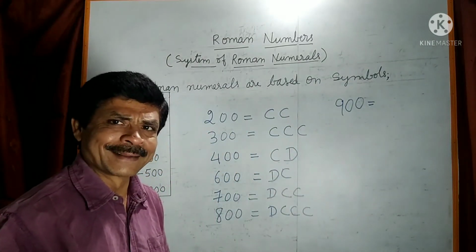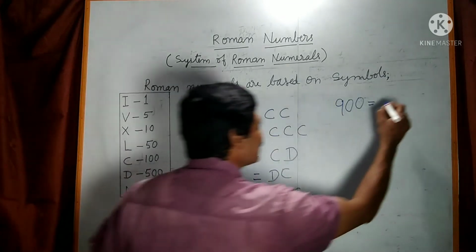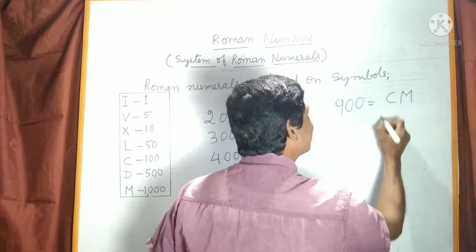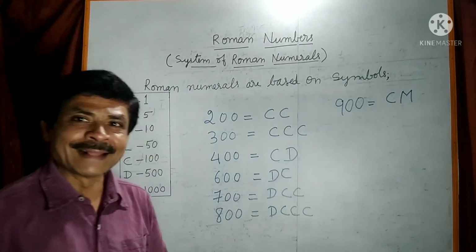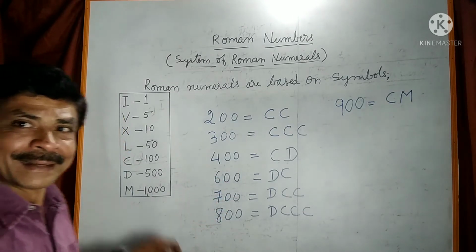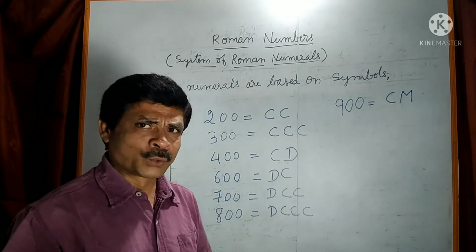900. How will we write 900? 1000 is already given, M. 1000 minus 100 is equal to 900. 1000 is already given. Right? Now we will see how we will write 2000.